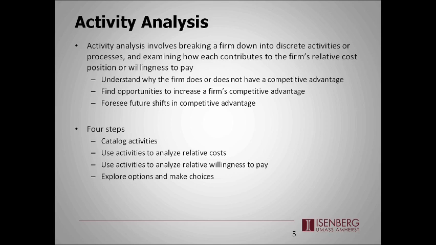This is a helpful tool because it helps a firm understand if it actually has a competitive advantage, if there are specific ways to increase its competitive advantage, and if there are any emerging changes in competitive advantage. And activity analysis has 4 steps: cataloging activities, using those activities to analyze relative costs, using activities to analyze relative willingness to pay, and exploring options and making choices.